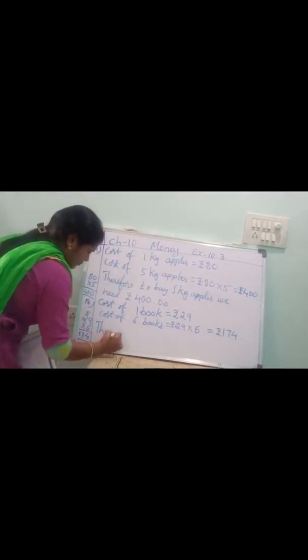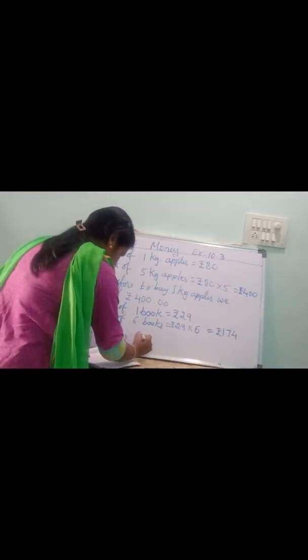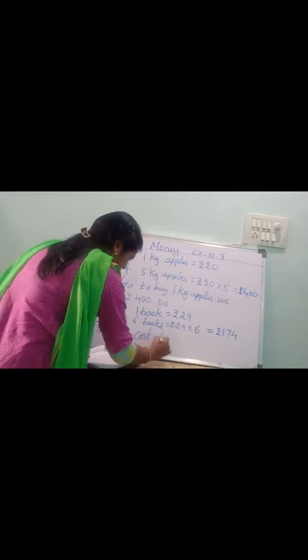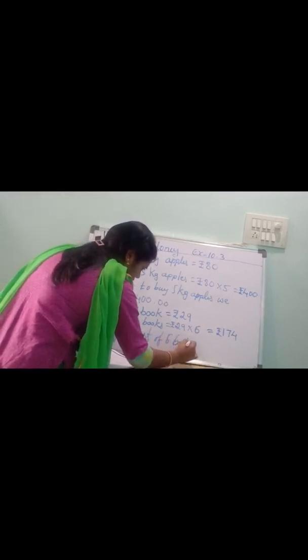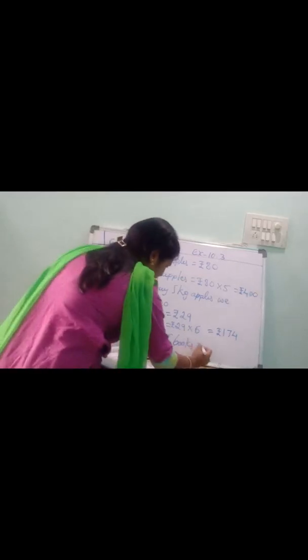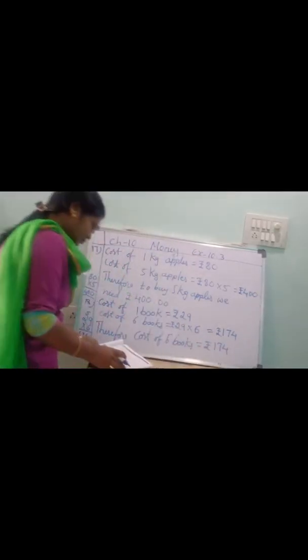Therefore, cost of 6 books is equal to rupees 174. Understood? Right. Write in the classwork. Sorry, workbook. Write in the workbook, ma.